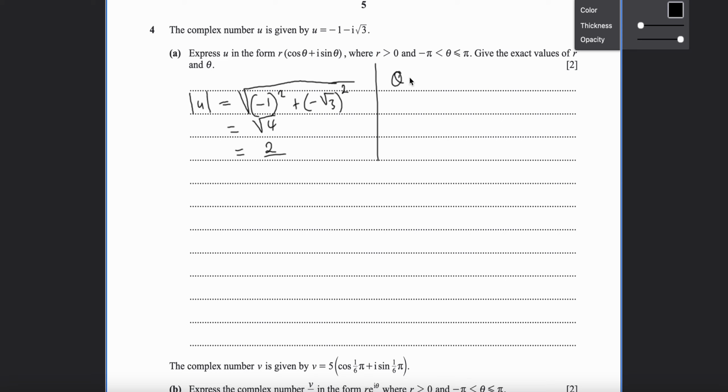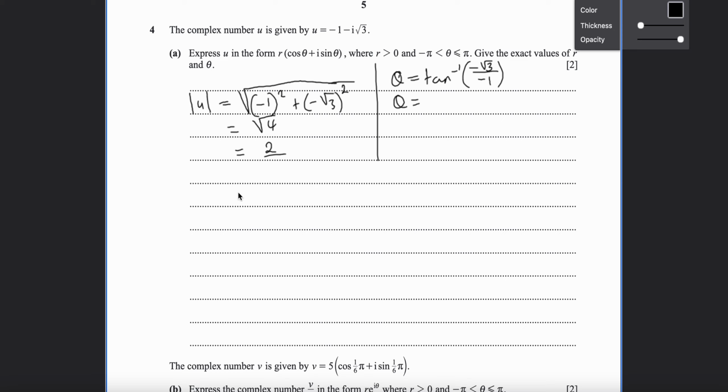So our theta is equal to arctan of minus root 3 over minus 1. If we do this, our theta is going to be negative pi over 3.